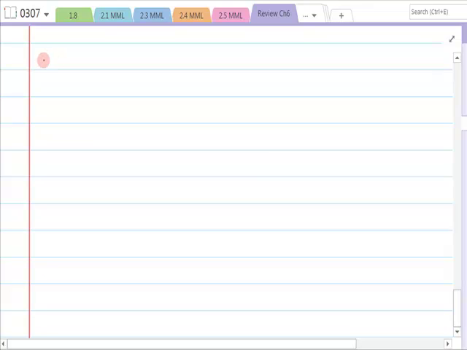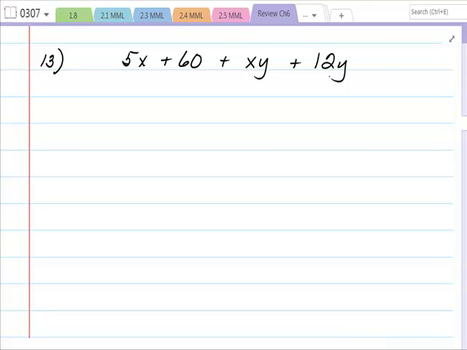All right, number 13. I have 5x plus 60 plus xy plus 12y. Any common factor to all four terms? No. There's certainly some common things going on, but not to all the terms.